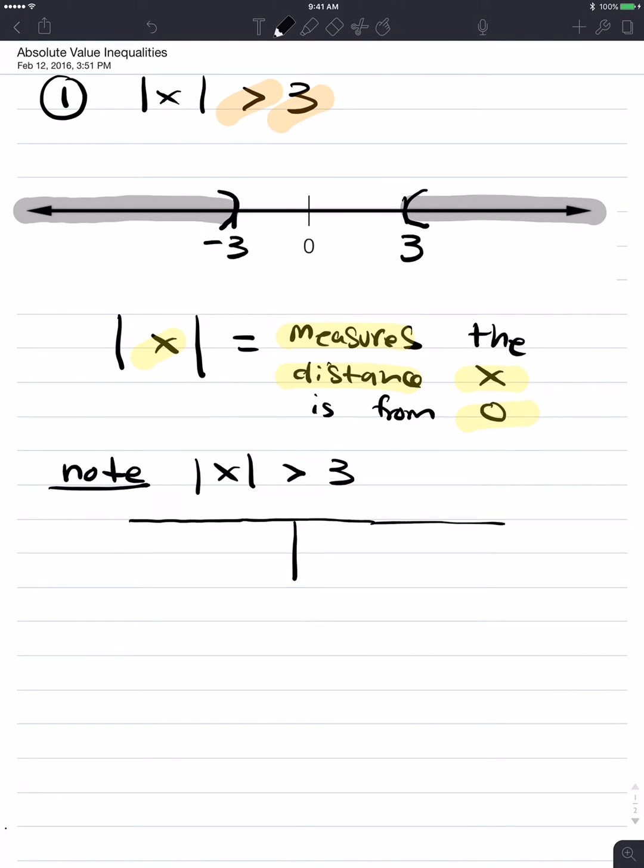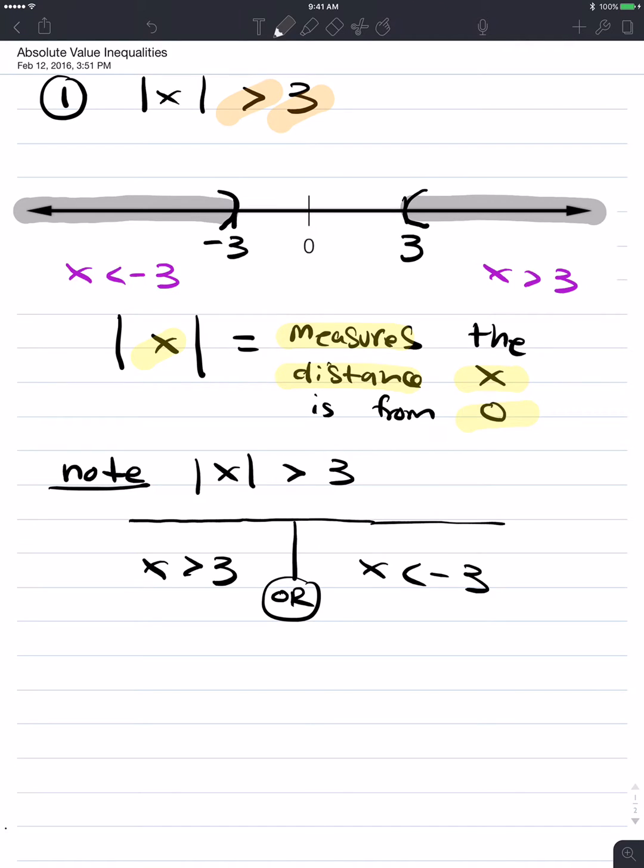What this is a picture of is x being greater than 3 or x being less than -3. This right-hand portion is where x is greater than 3. This left side portion is where x is smaller than -3.